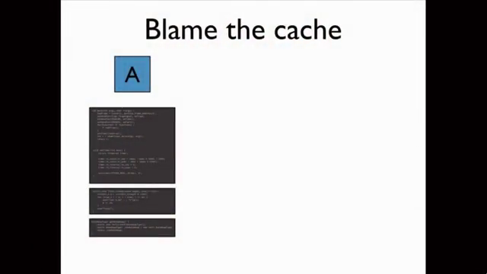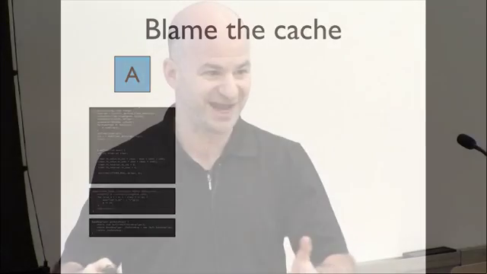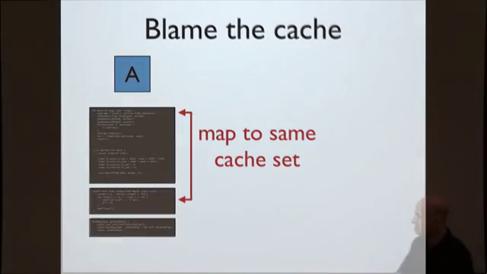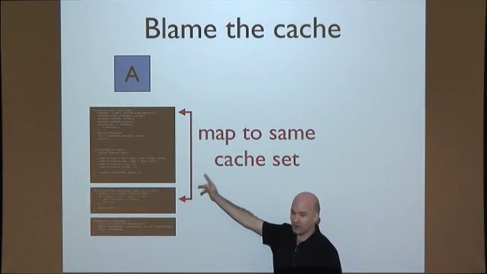So what's going on? So the problem here is the cache, right? So you have these caches. Caches are awesome. They make your programs run faster, right? You have this very, very fast memory, but it's relatively small. And in some cases, you can end up with some sort of catastrophic collisions in the cache, right? So you go and you have your code here. These two pieces of code are hot.